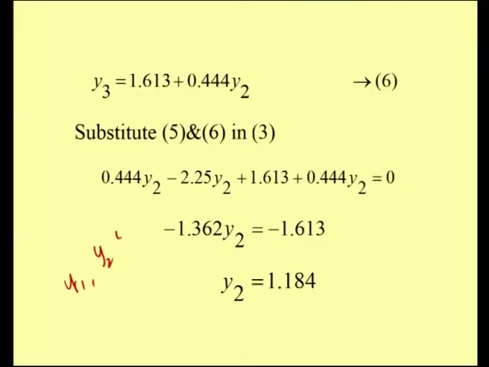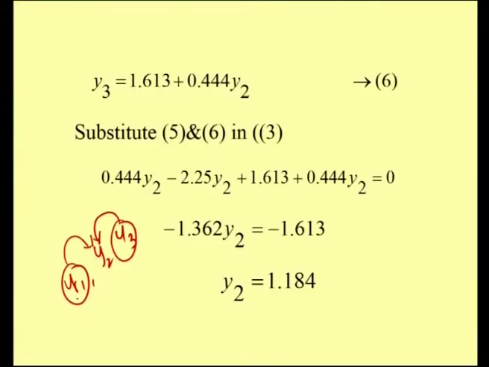What we are doing is bringing y1 in the format of y2 and also y3 in the format of y2, so that when you substitute for y1 and y3, the equation will be purely in terms of y2, so that we can solve for y2. That y2 will be substituted in y1 and we get the y1 answer, and the y2 value is again substituted in y3, and we get the y3 answer. That is what is done here.